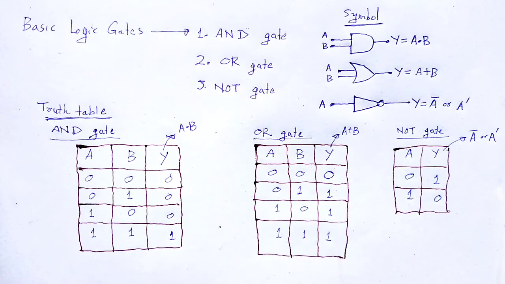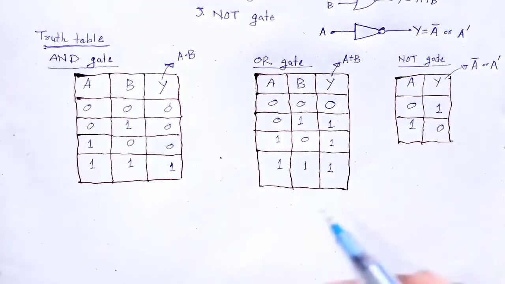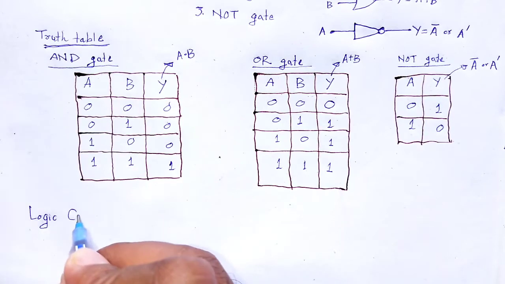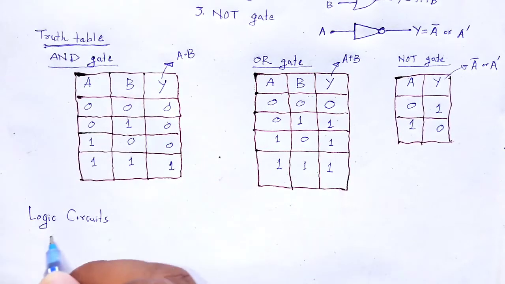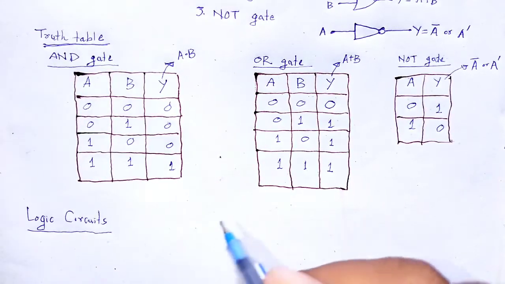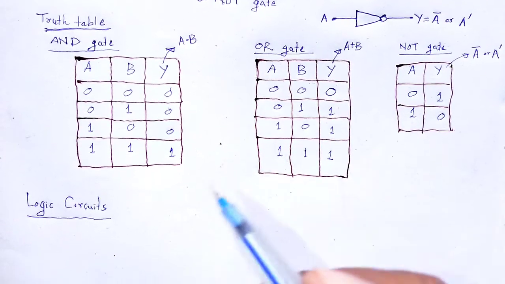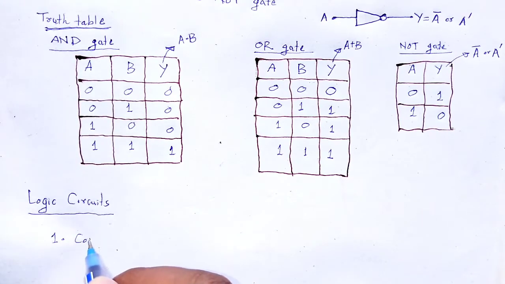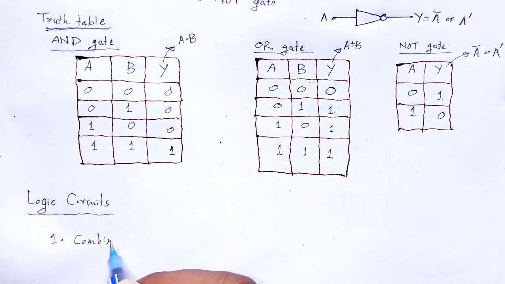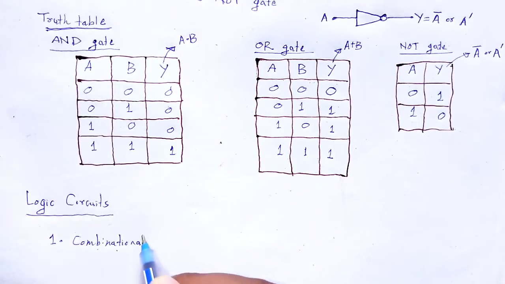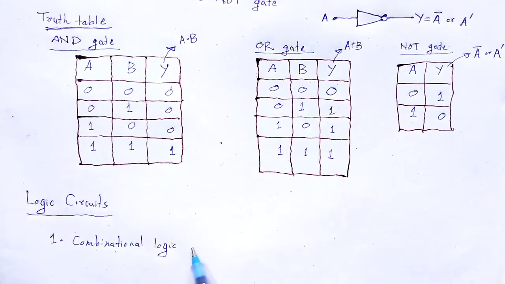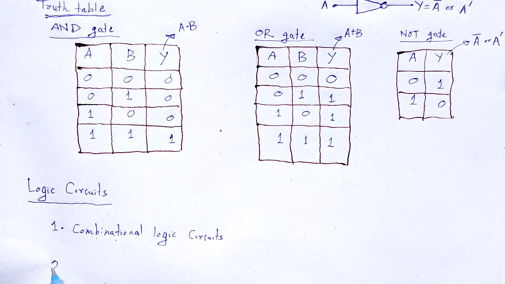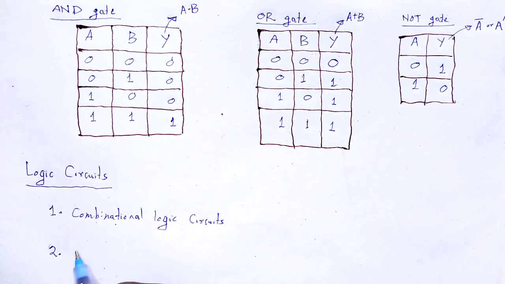Basically, when we discuss logic circuits, they are of two kinds. One is combinational logic circuits, another one is sequential logic circuits.